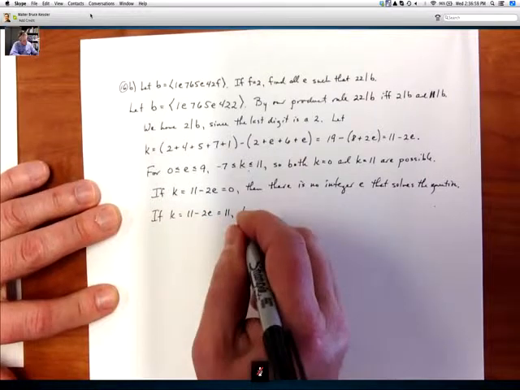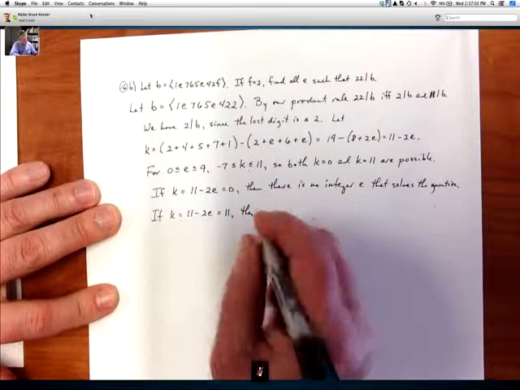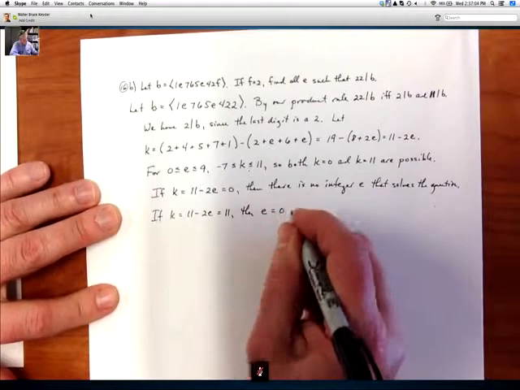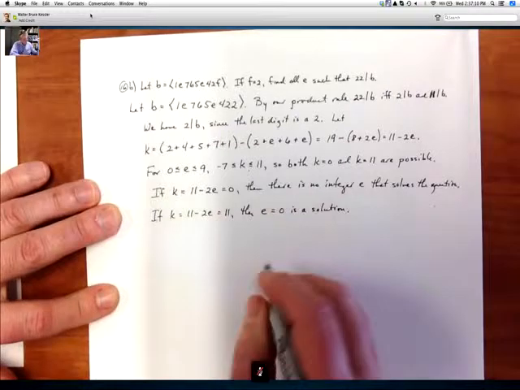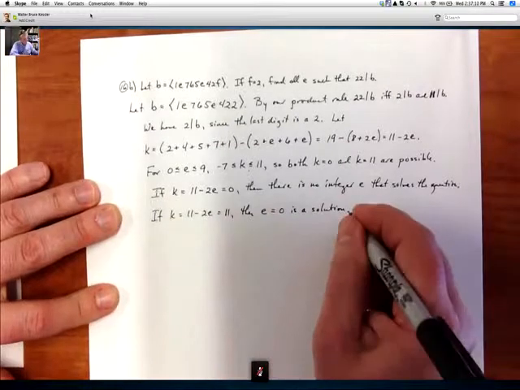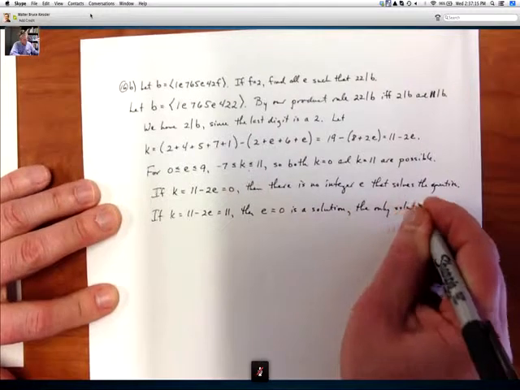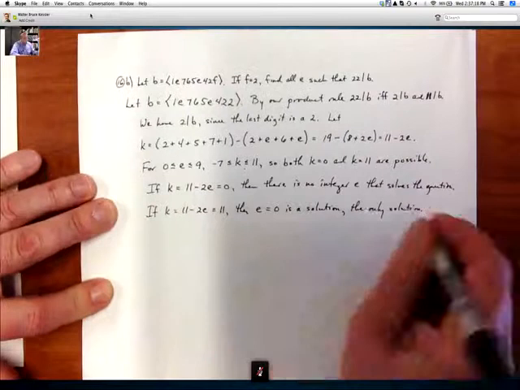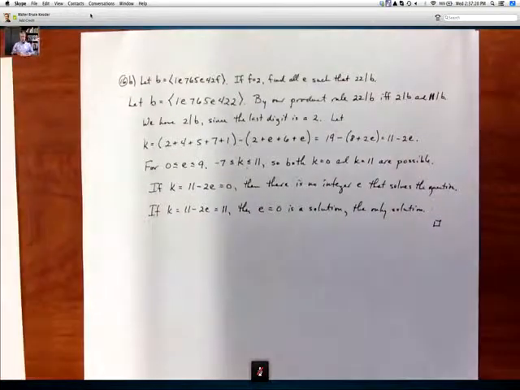If K, 11 minus 2E equals 11, then you pull this over, pull that over, E has to be 0. And so the only solution that we found. And that's it. Okay?